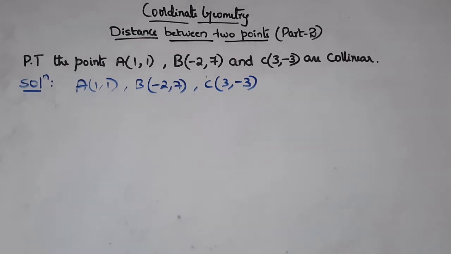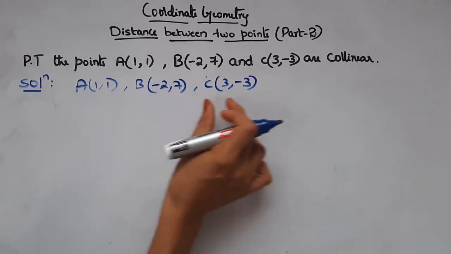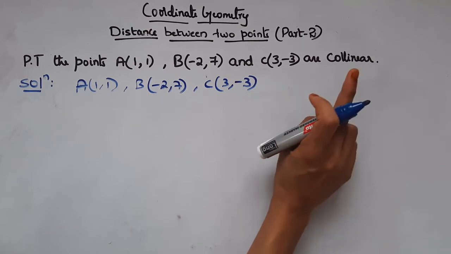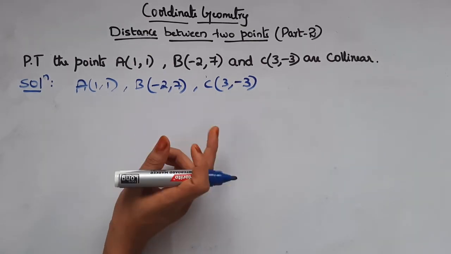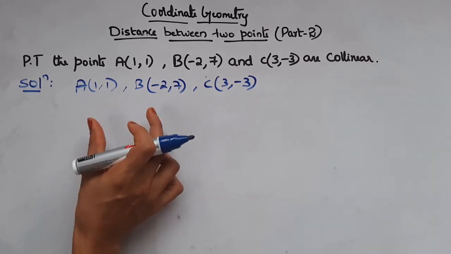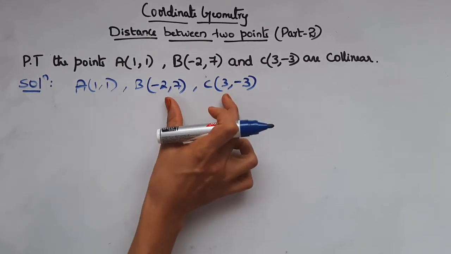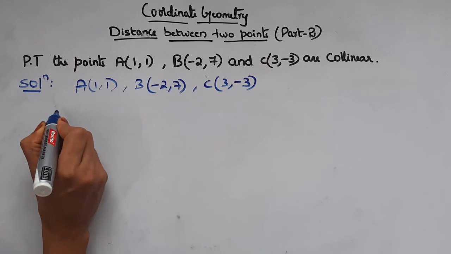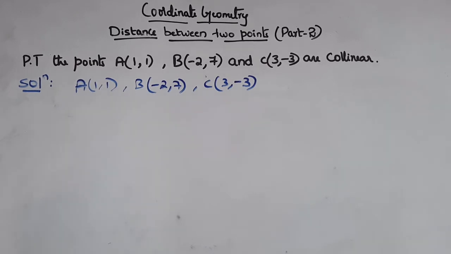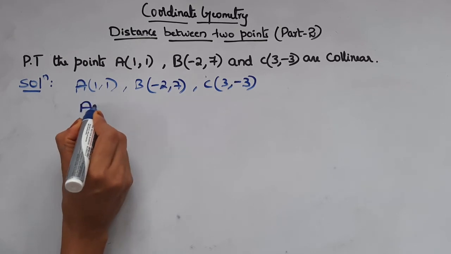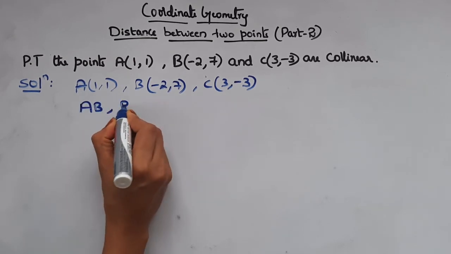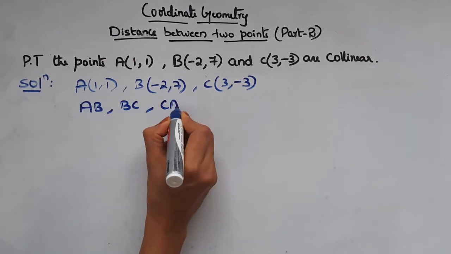Alright. So these 3 points are said to be collinear if the sum of any two distances should be equal to the third distance. So we will see the distance between AB, BC and CA.